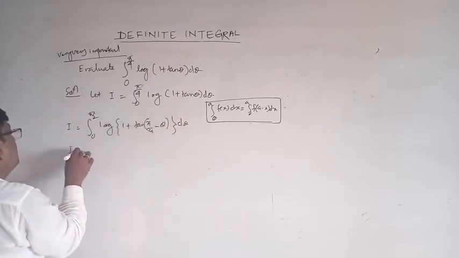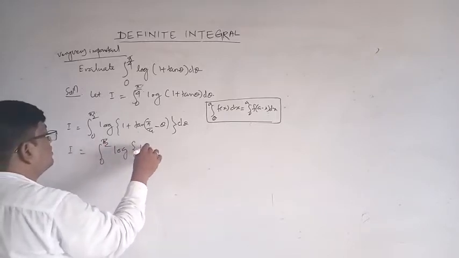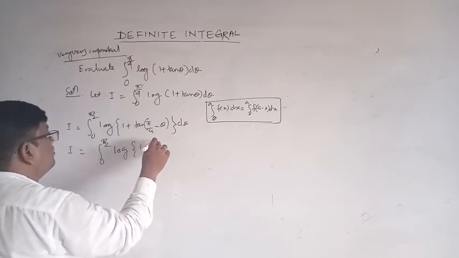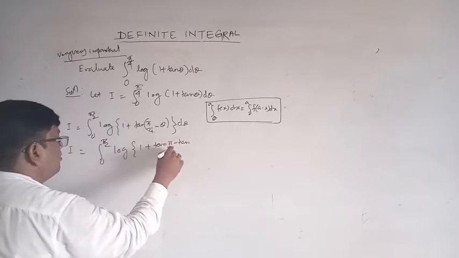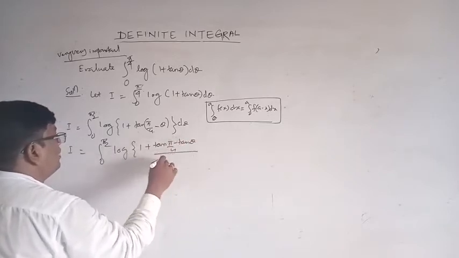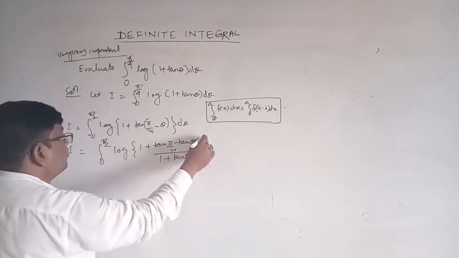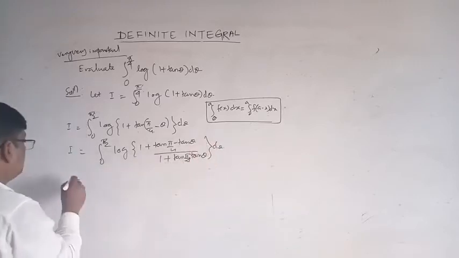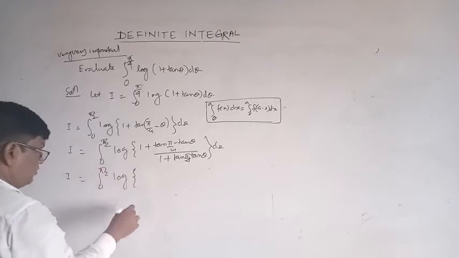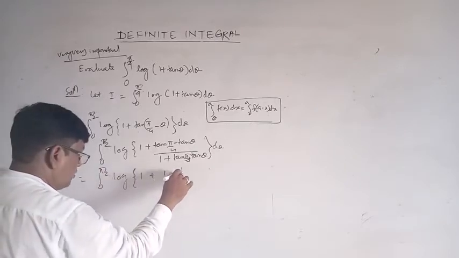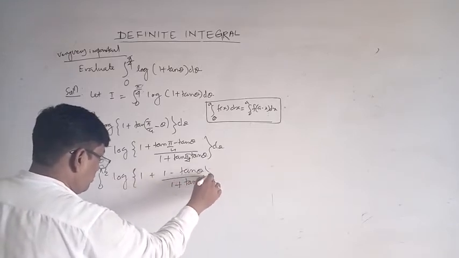Now I is equal to the integral from 0 to pi by 4 of log of 1 plus tan of pi by 4 minus theta, using the formula tan a minus b, so tan pi by 4 minus tan theta by 1 plus tan pi by 4 into tan theta, d theta. So I is equal to the integral of log of 1 plus (1 minus tan theta) divided by (1 plus tan theta) d theta.